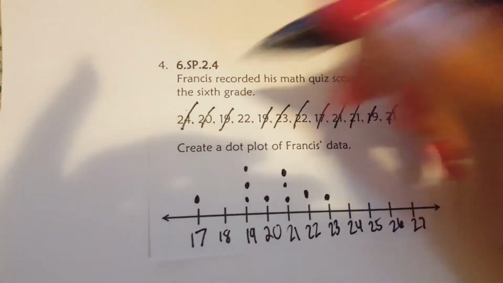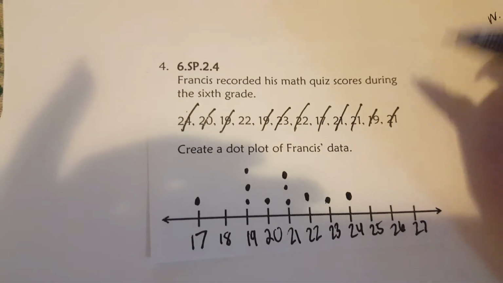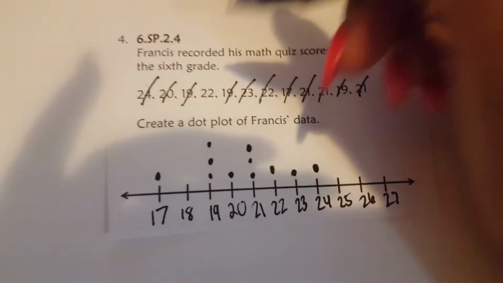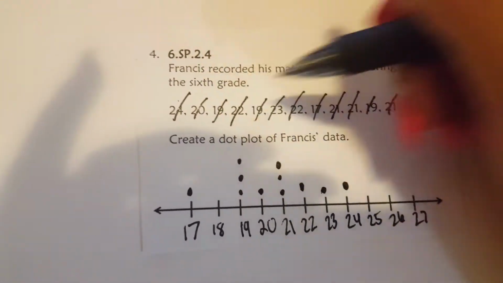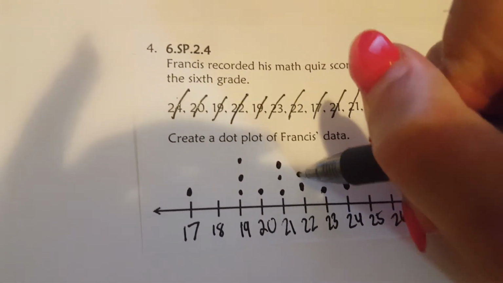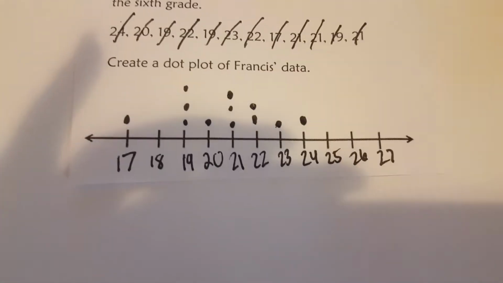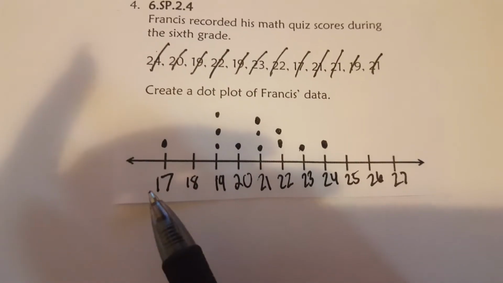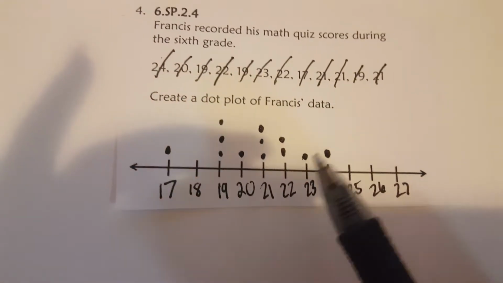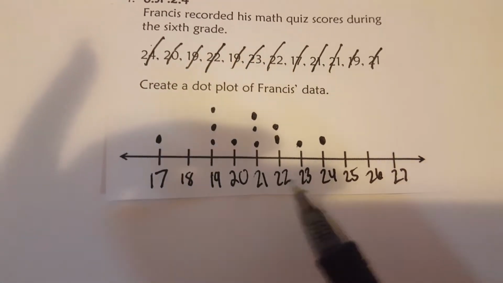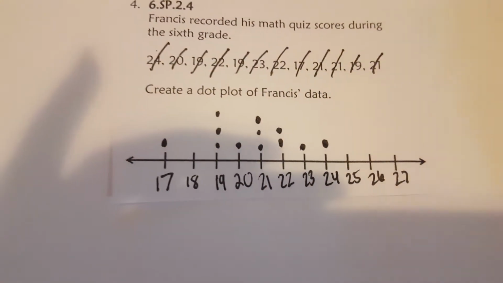And 24 has 1. And just like I noticed that I missed 1, that's a good thing about dot plots. You can just go back and fix it. I missed 22. So I'm going to go ahead and plot that, okay? Let's move on. The key here is just make sure you have your lowest and your highest number. And yes, some numbers are not going to have any dots, and that is okay. Just make sure when you're doing it, you cross out your numbers.